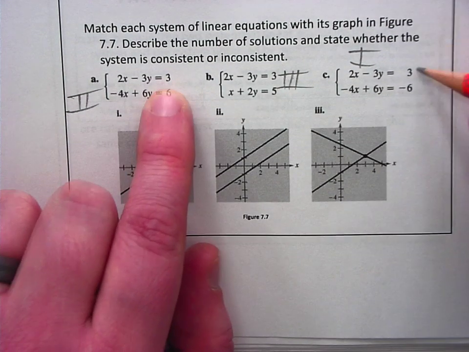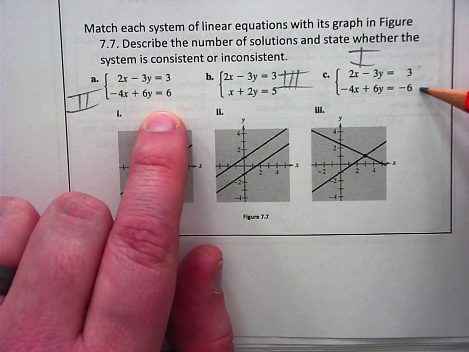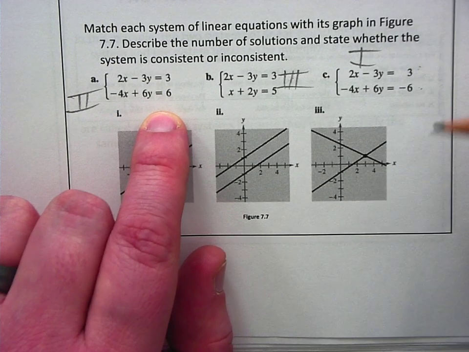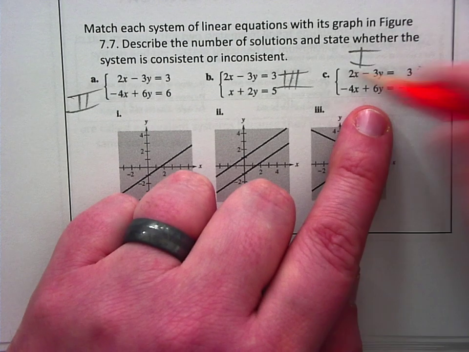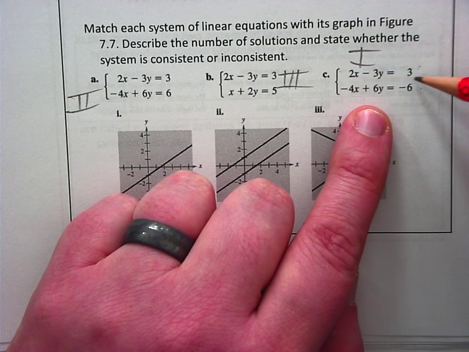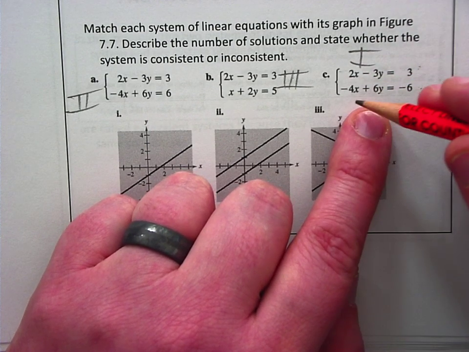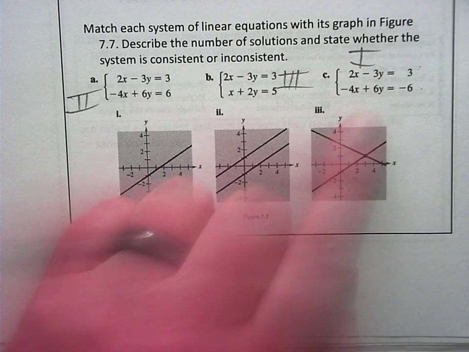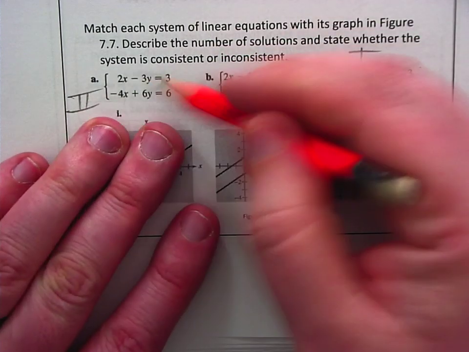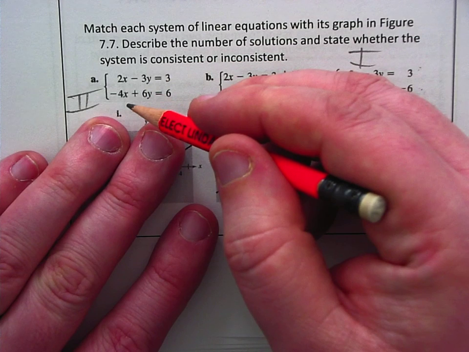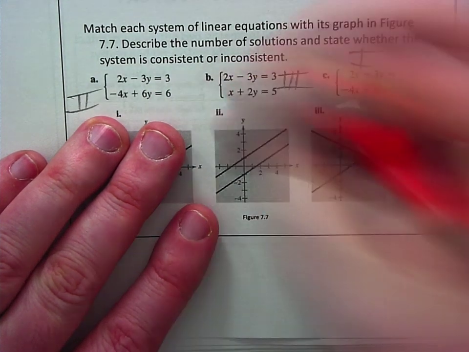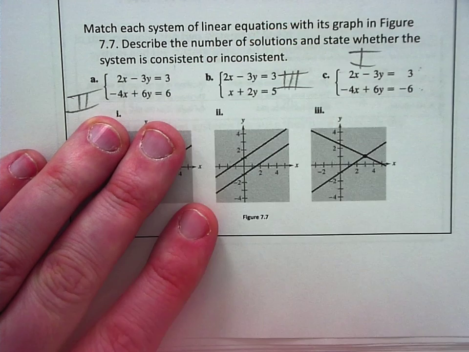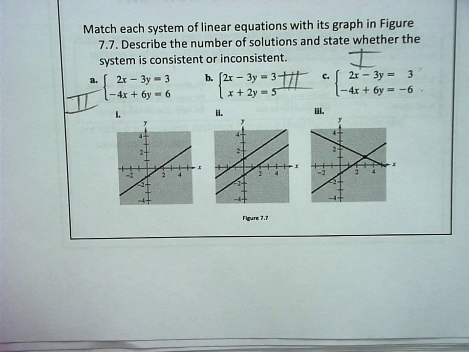Comes down to these numbers here. Okay. The constant is like your y-intercept. So if you can multiply this equation by any number, the whole thing, and get the other one, then they coincide. Okay. If you can multiply them times the same number and get the same x and y, but some other number for the constant here, then they're parallel. Okay?